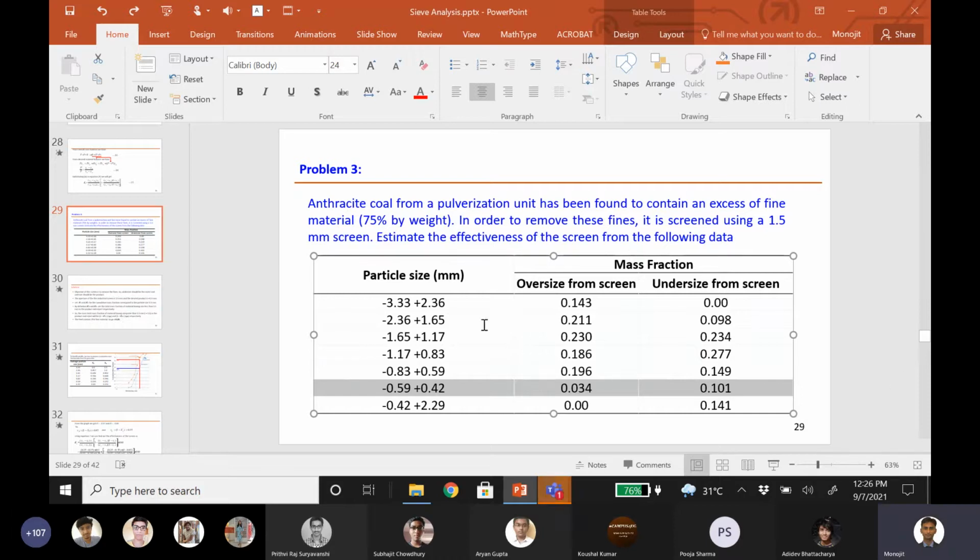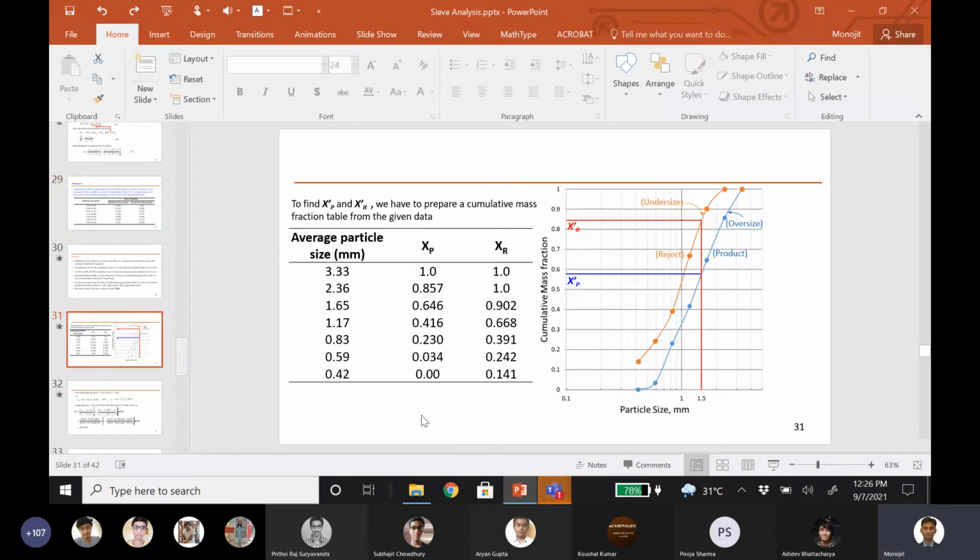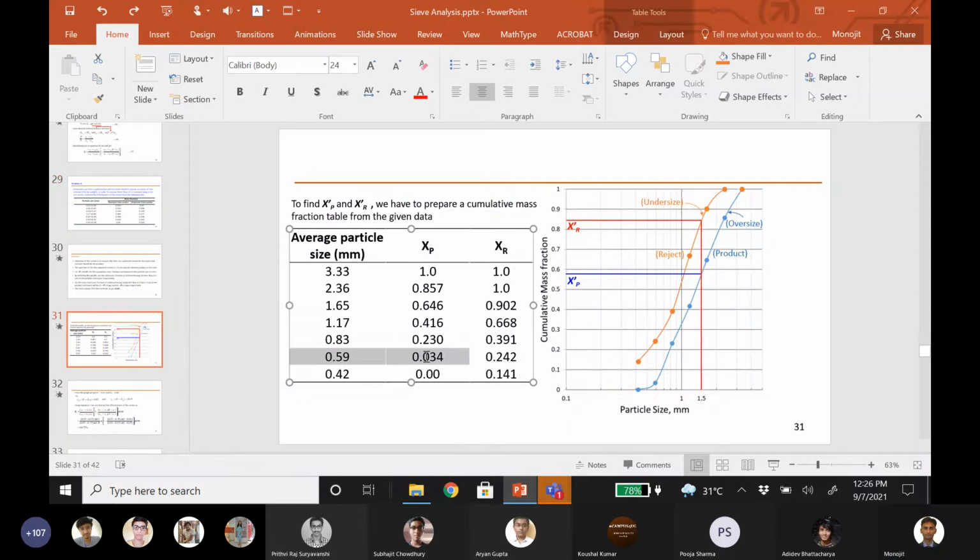The particle size given here is minus 0.59 plus 0.42. Now if I write here the particle size or the opening as 0.59, which I have written here, now this makes sense. That is what I am telling you. The average particle size here is wrong. It should be the screen opening.